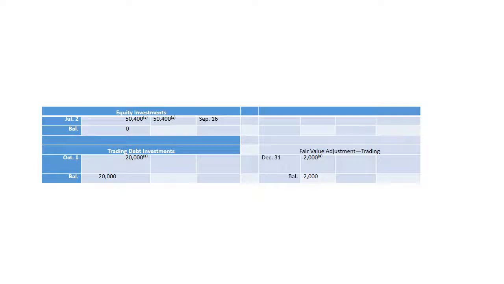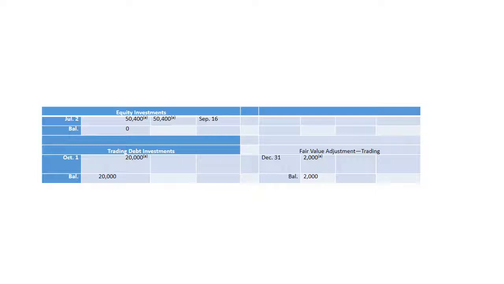I know it's kind of squirrely looking, but on July 2nd, when we bought the equity investment of Pogo, we debited the equity investment. When we sold it on September 16th, we credited the equity investment. So it has a zero balance at the end of the year.